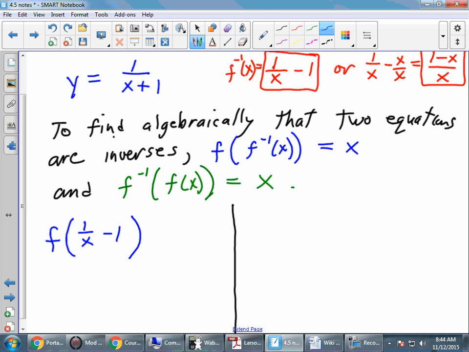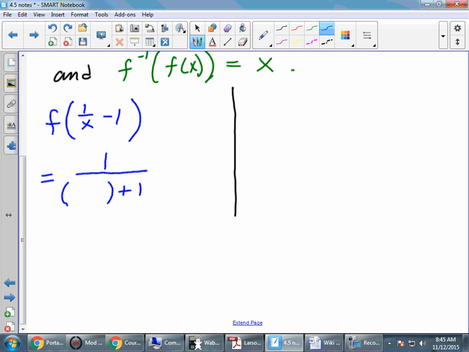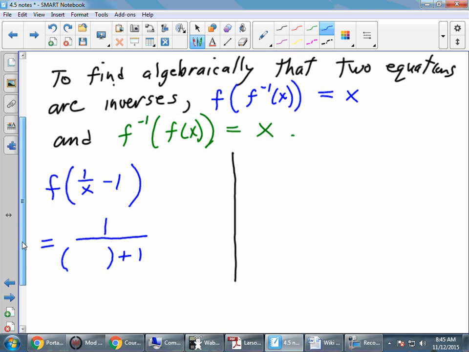Yeah, that's not so bad. So then that's going to equal, here's where it gets tricky. We started with 1 over x plus 1, but x is no longer x, is it? What's x instead? There you go.